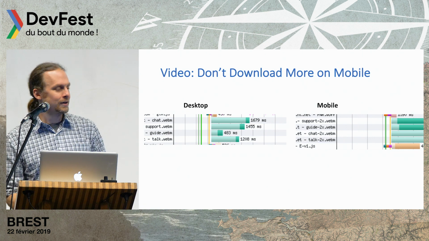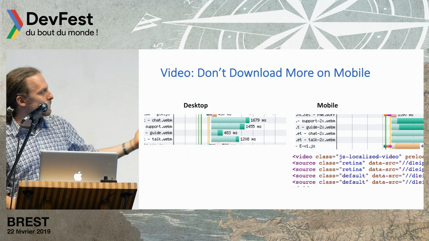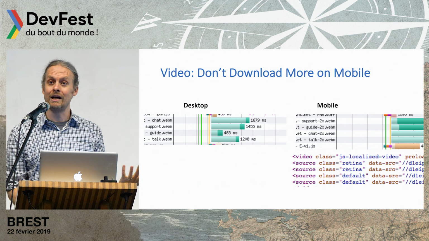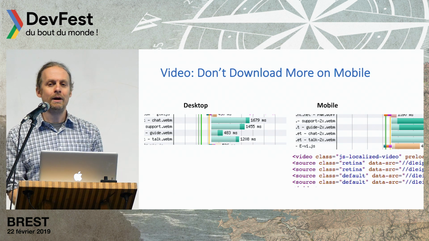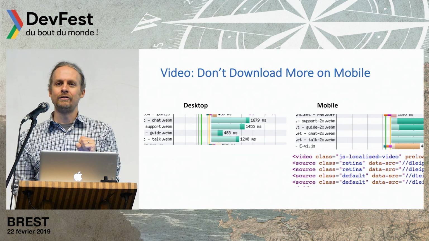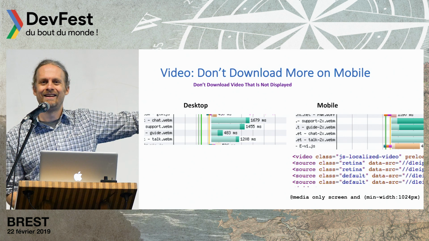And actually, you can see in the source code that they have Retina versions, and then they have regular versions. So, by default, these mobile devices are going to get a larger version of the video. But I can guarantee you that the mobile users were not able to tell a difference because it was all hidden by the CSS, right?